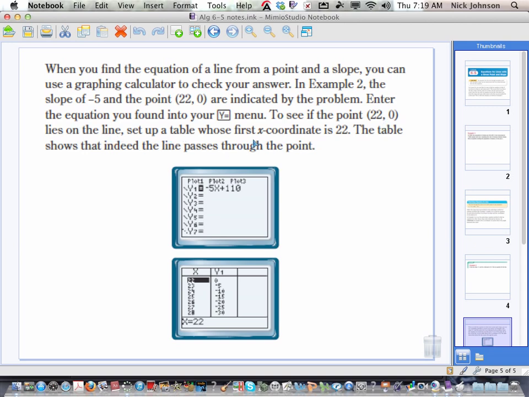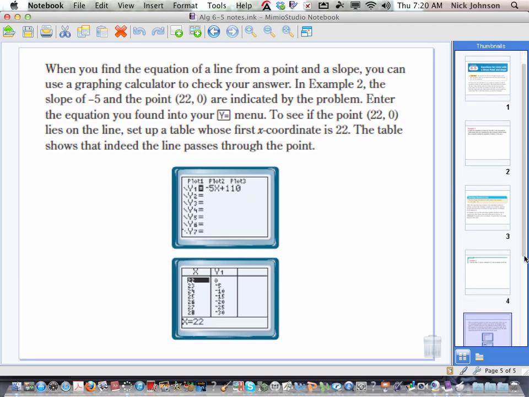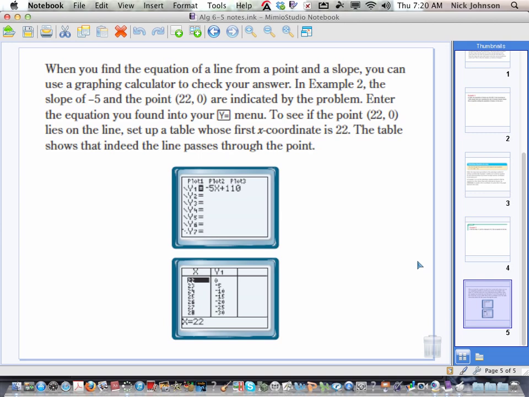To see if the point 22, 0 lies on that line, set up a table whose first x-coordinate is 22. The table shows that indeed the line passes through the point. So if you hit second function graph, scroll down to 22, is 22, 0 on that line? When x is 22, y is 0. Yes, then 22, 0 is a point that lies on this equation, y equals a negative 5x plus 110.